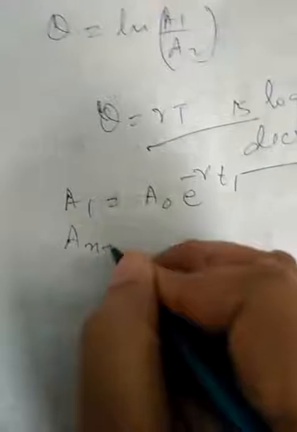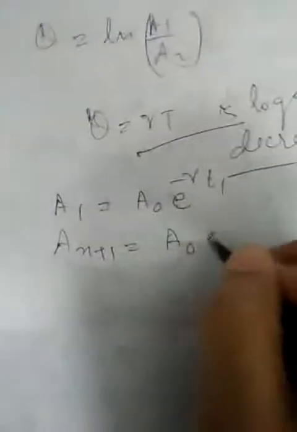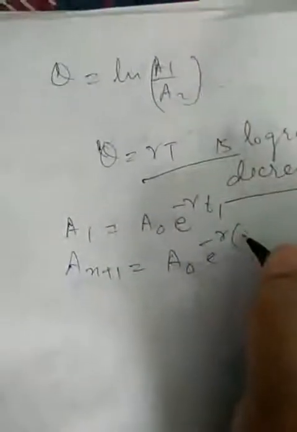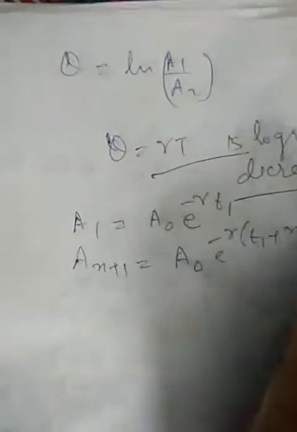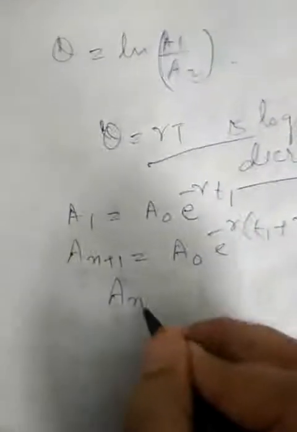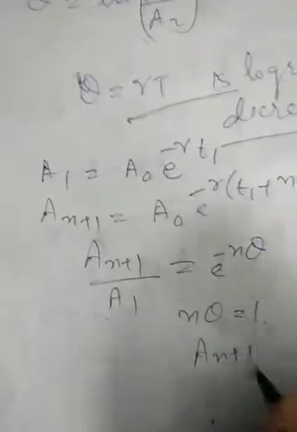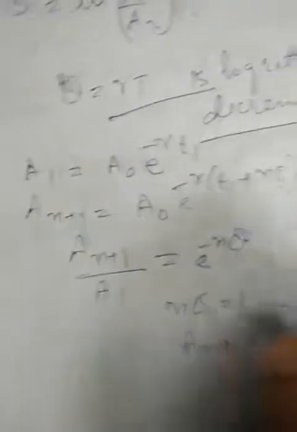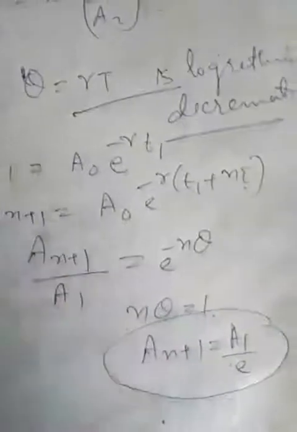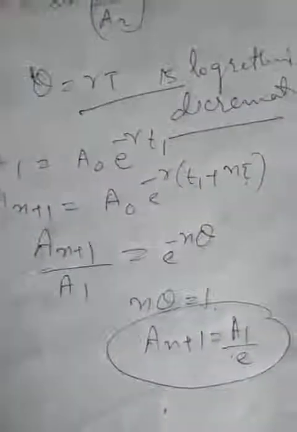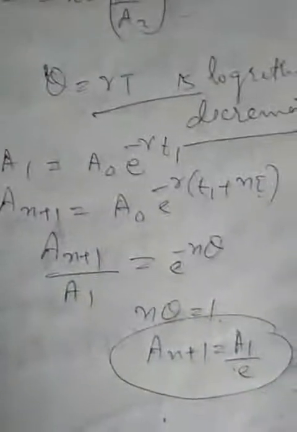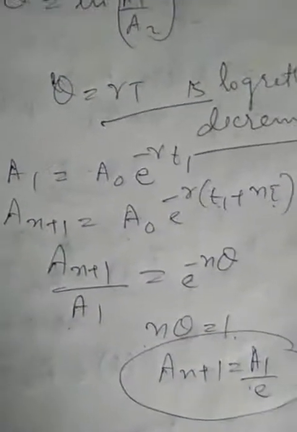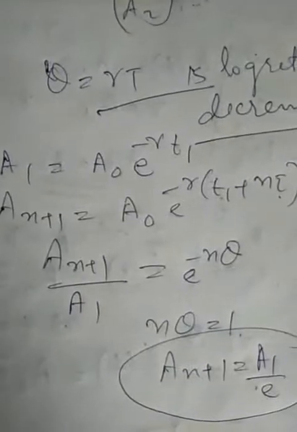After n plus 1 oscillations, it will be equal to A naught e raised to minus gamma into t1 plus n times tau. If you take the ratio of A(n plus 1) over A1, it will be e raised to minus n theta, where n theta will be equal to 1. So that means A(n plus 1) is equal to A1 by e. This is again the time during which the amplitude decays to 1 by e times the actual value. So that is called the logarithmic decrement.